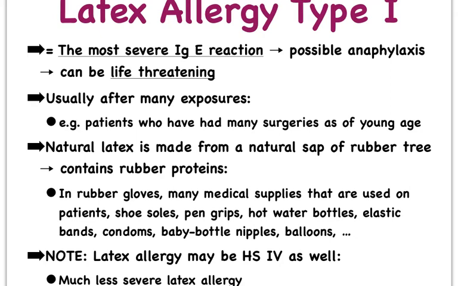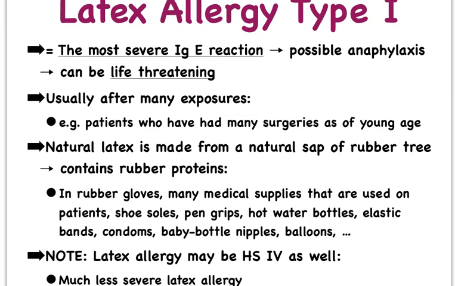So natural latex is actually made from the natural sap of the rubber tree. And that natural sap contains a protein which we'll refer to as rubber protein. And it's that rubber protein that can create the nasty anaphylactic conditions in hypersensitivity 1, in the latex allergy, I should say.